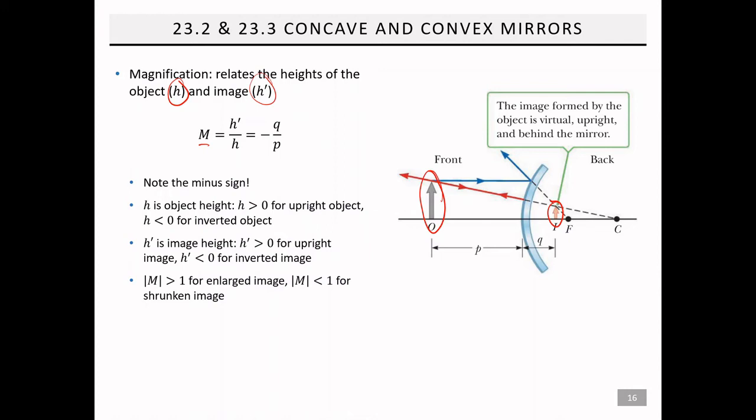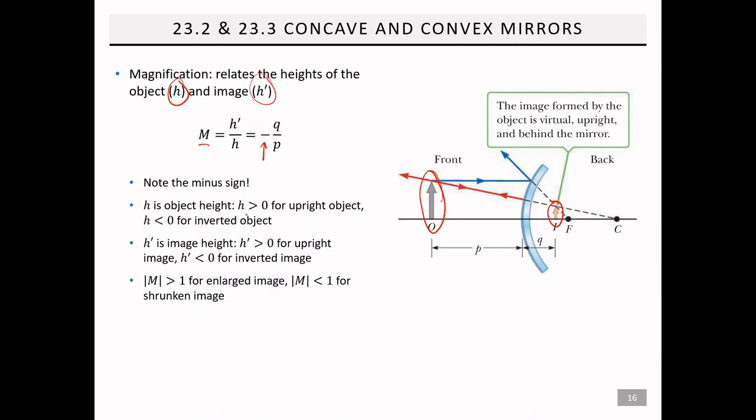Using geometry, one can show that H prime over H is equal to minus Q over P. The minus sign here is actually a style choice based on how we define the lens equation. This is not necessarily the same as you will find in all sources, but we have to be careful to keep it in there.